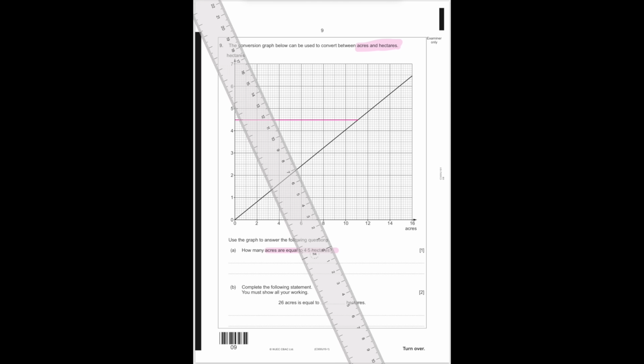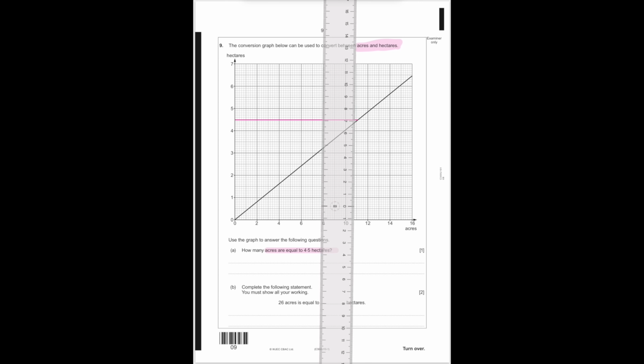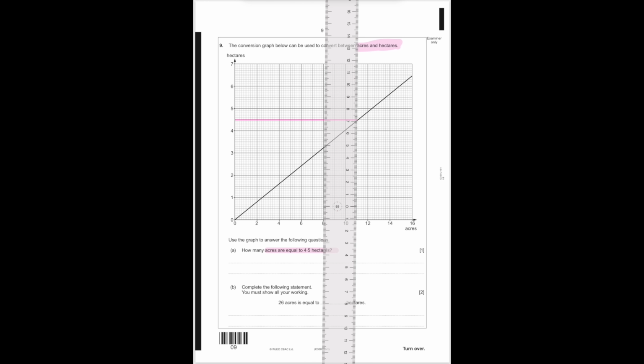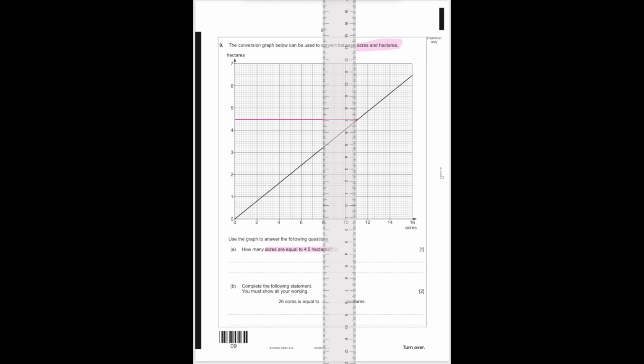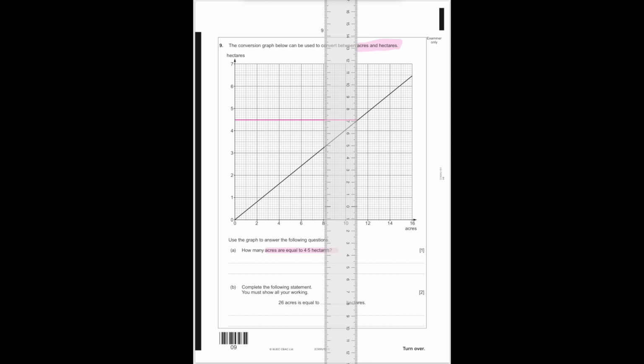So if I turn my ruler around now, and where it joins my graph, if I line my ruler up, and then I draw a line down to cut the axis that shows acres, and then I'm going to read off the value that I think it is there.